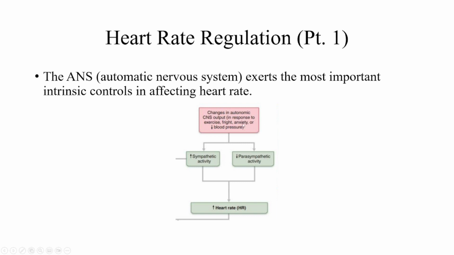So when changes in this nervous system happen, you have a decrease in parasympathetic activity, a rise in sympathetic activity, and ultimately a rise in heart rate.